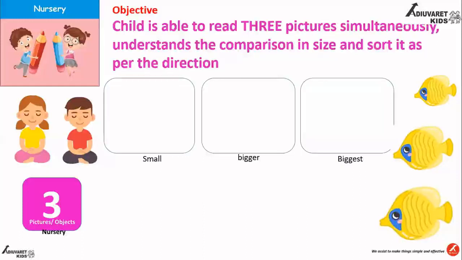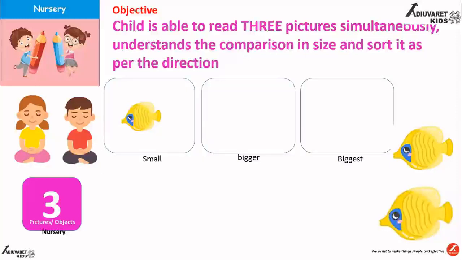Now, what the child is expected to do is pick up the smaller fish out of the 3 fish, that's 3 objects or 3 pictures available, and put that into the box provided for small fish.